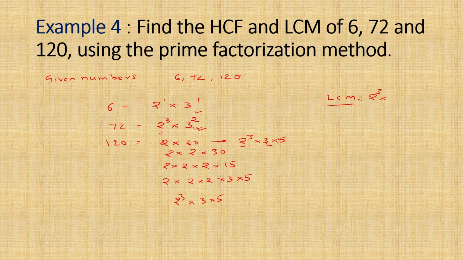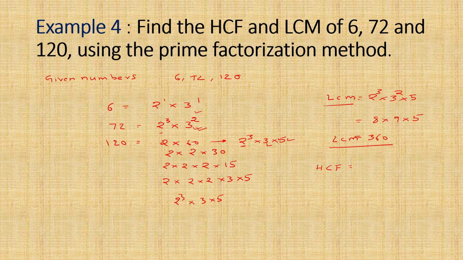The highest is 3 square. Next 5 is there, only once, so we simply write 5. So 2 cube is 8, 8 into 5 is 40, 40 into 9 is 360, which is the LCM.